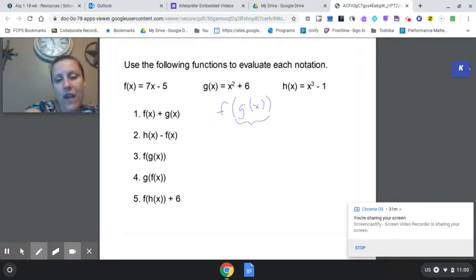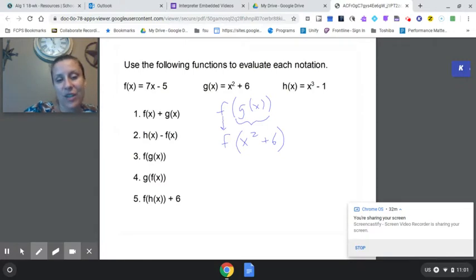G of x is equal to x squared plus 6. We don't have an input that we're substituting in for x, so we're just going to leave it as that expression, x squared plus 6. The f is going to tag along for the ride, so I'm just going to pull that straight down. This expression here is asking me to plug x squared plus 6 as the input into f's function.